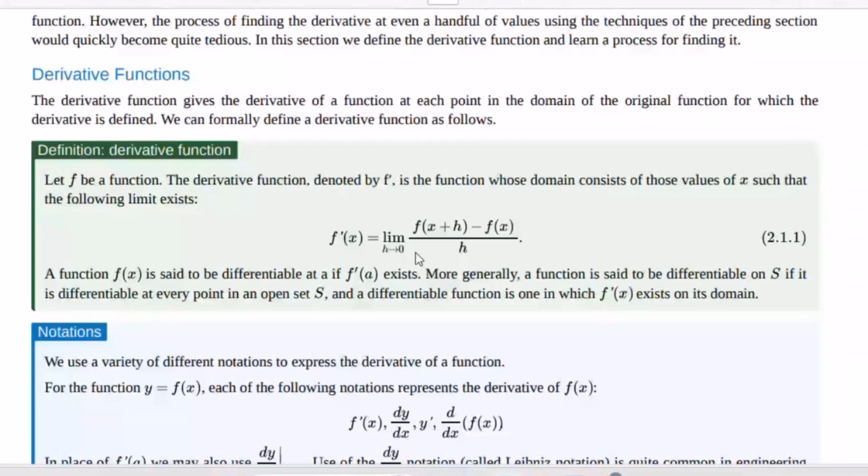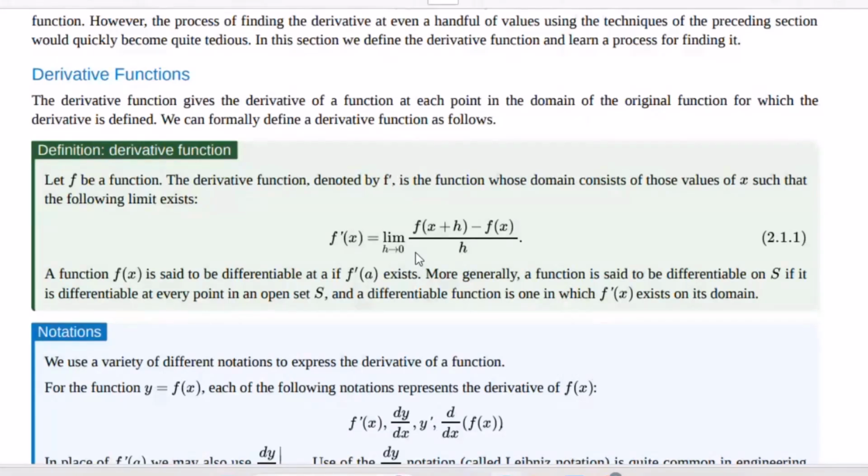That means this will be 1 over the square root of x plus 5 plus h, minus 1 over the square root of x plus 5, all over h. Are we together? Yes, sir.